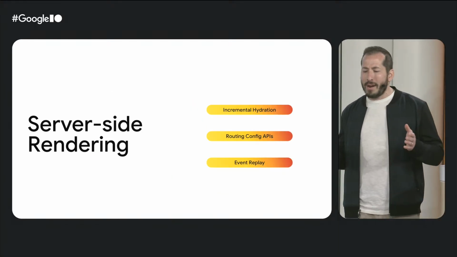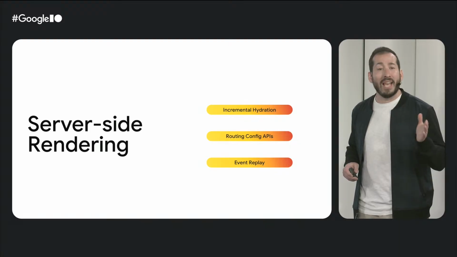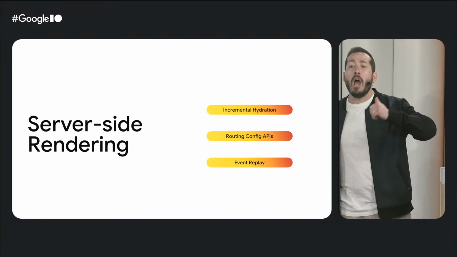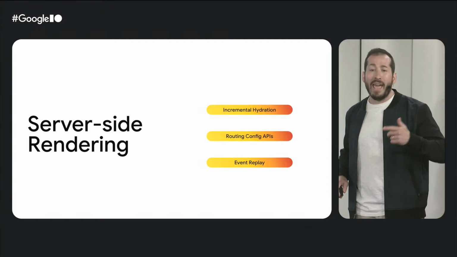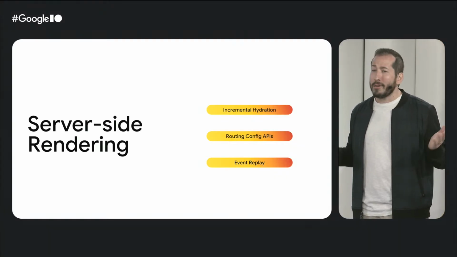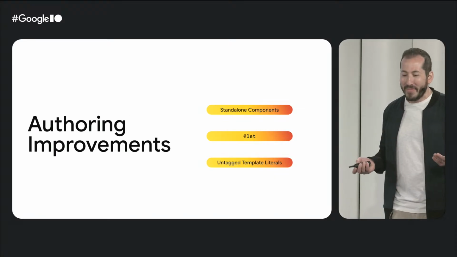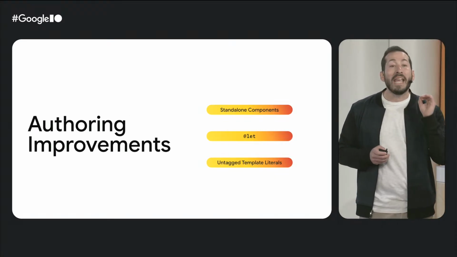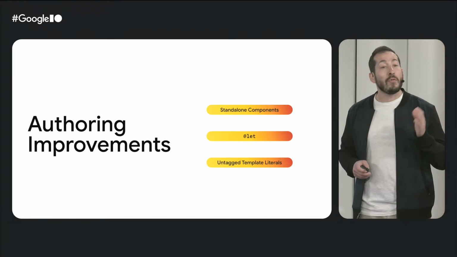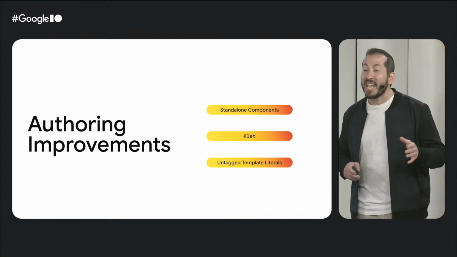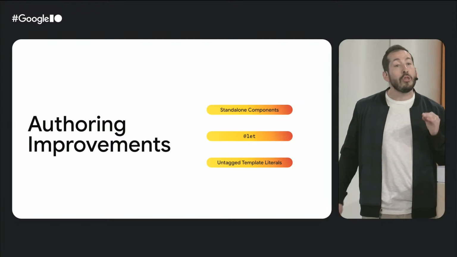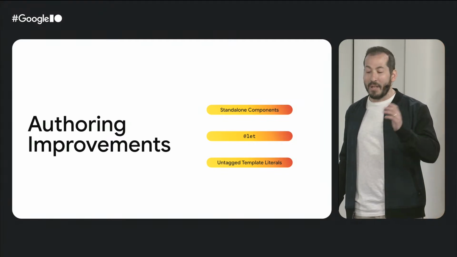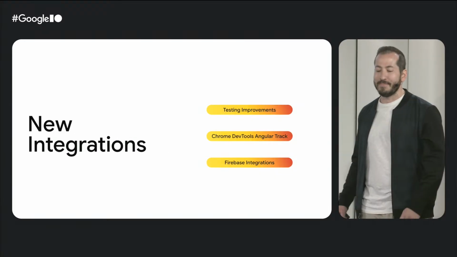I also shared how we strengthened Angular's SSR story with features like incremental hydration, route config APIs, and event replay. SSR, are you kidding me? This is awesome. And we've also been working hard to improve your developer experience by publishing a variety of authoring improvements, such as standalone components, the new let syntax, and support for untagged template literals.